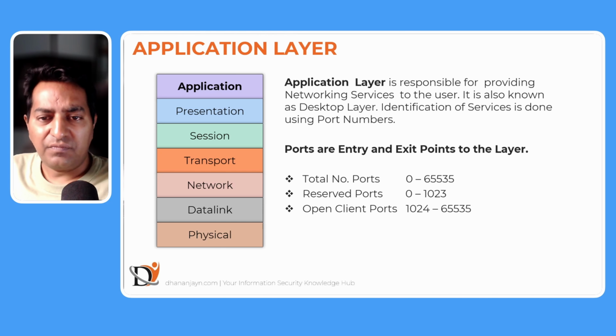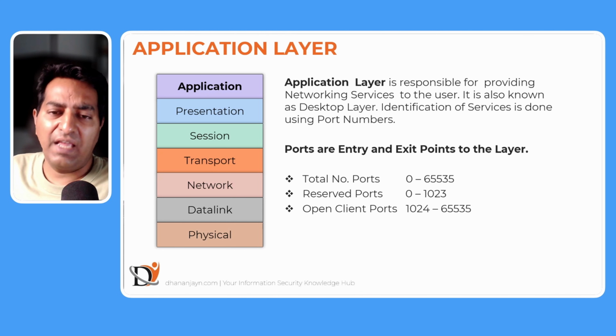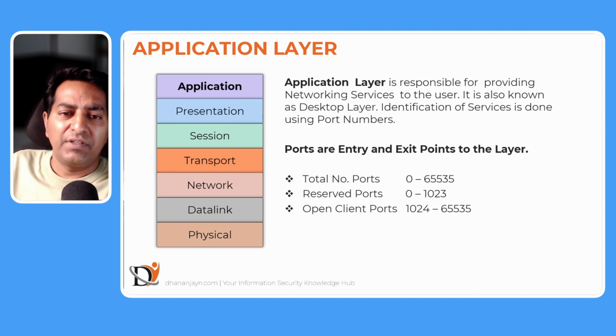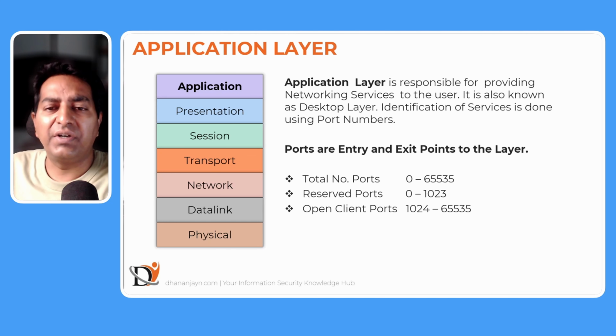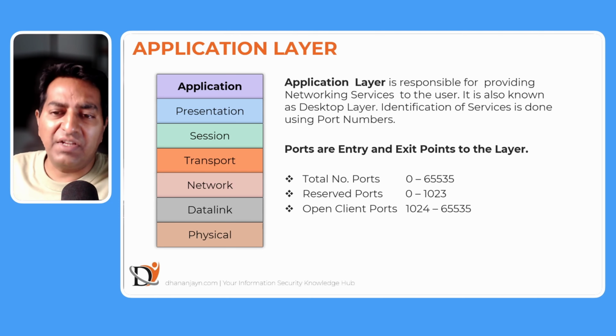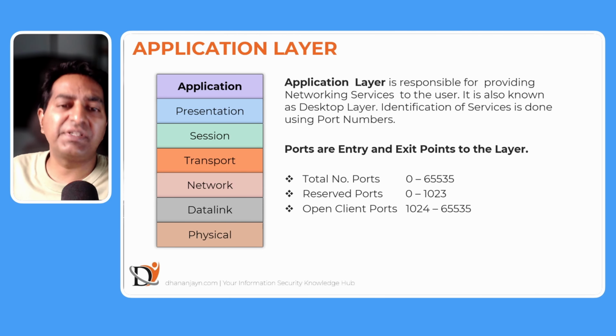So the main function of the application layer is to provide access to network resources. The application layer enables users to access various networking services such as file transfer, email, and web browsing by utilizing different protocols like HTTP, FTP, SMTP, and DNS.